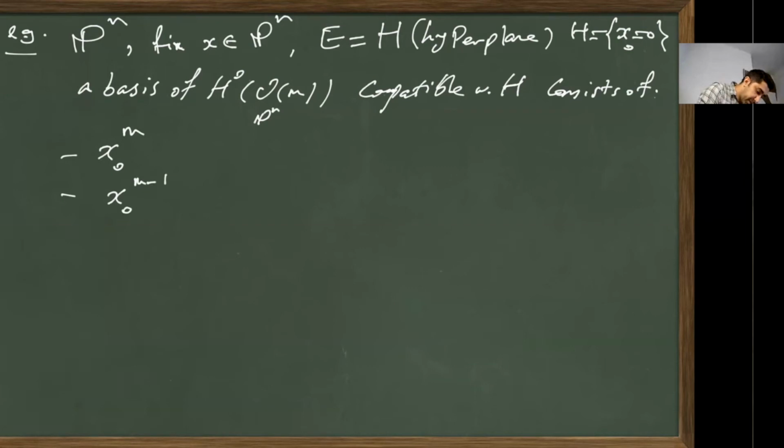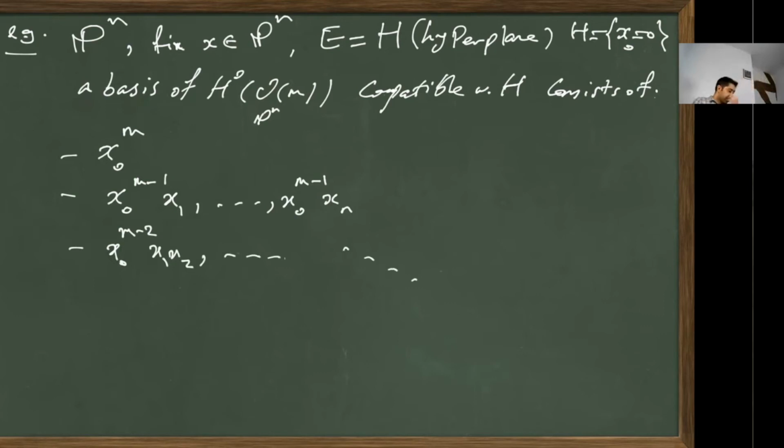I take one degree lower, X_1, and I get all the way to X_n. And similarly, you just continue. So the next step, you get m minus 2, X_1, X_2, and then you just keep going down. So this is going to define for you the basis type divisor.